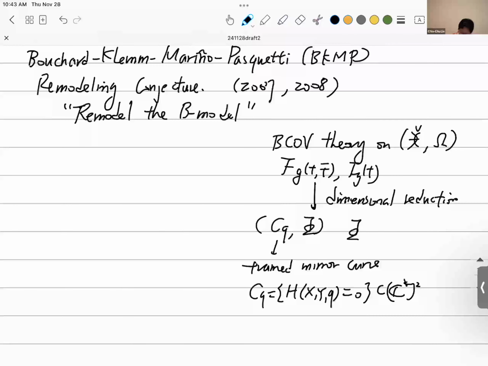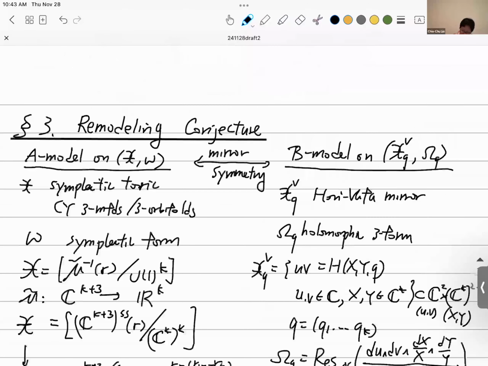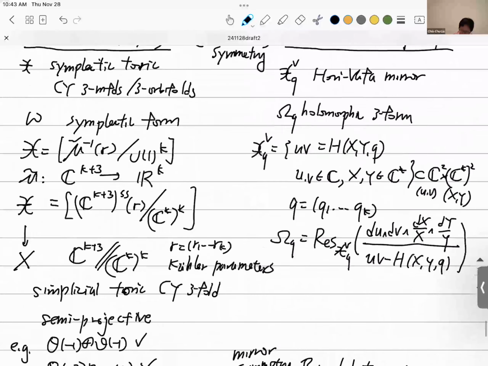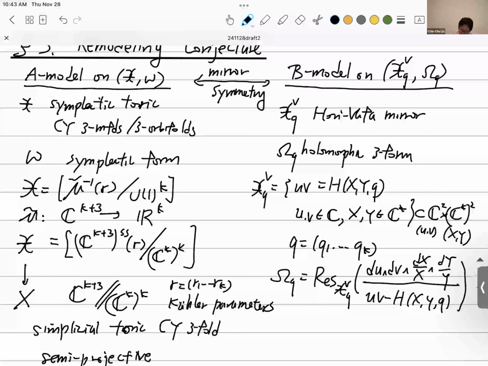And this phi is basically like log Y. I'll be more precise later. In the toric Calabi-Yau threefold case, the remodeling B-model says you can compute the B-model topological string just using this. You see this right-hand side defines a hypersurface in (C*)^2, just an affine curve in (C*)^2 depending on Q.